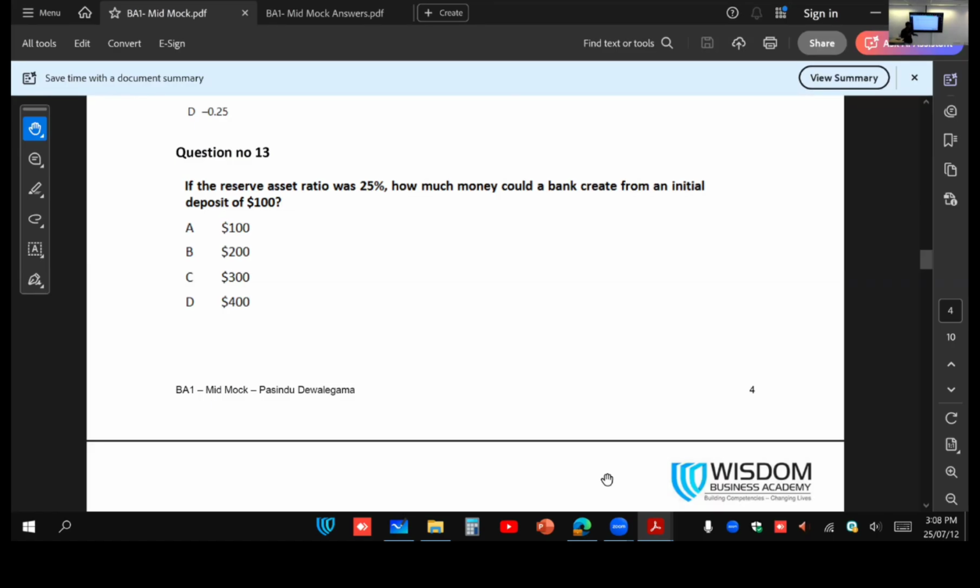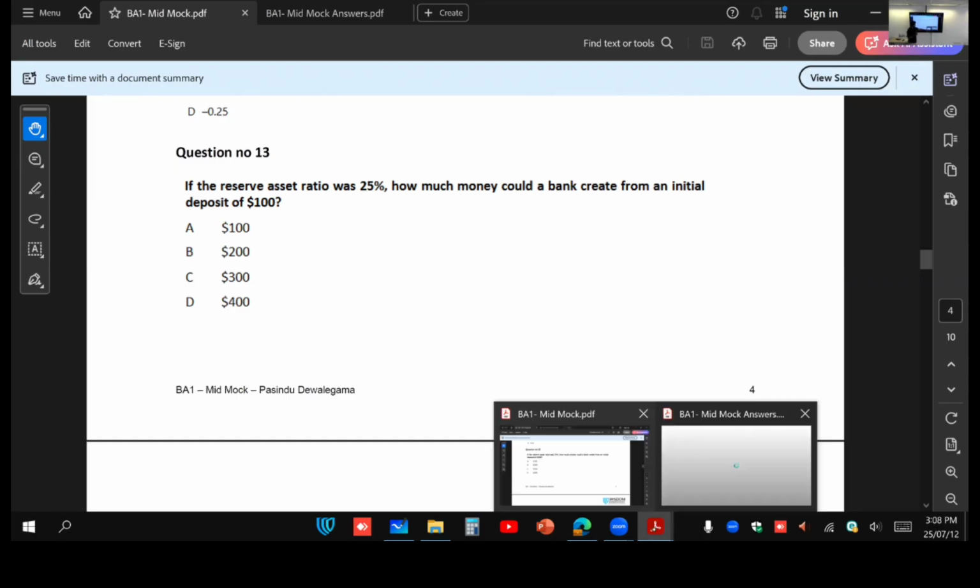So if somebody goes and deposits 100 rupees in the bank, that keeps on multiplying several times, and credit can be created. The same deposit is utilized for giving money to other people. Understood? So ultimately, how can you calculate it?